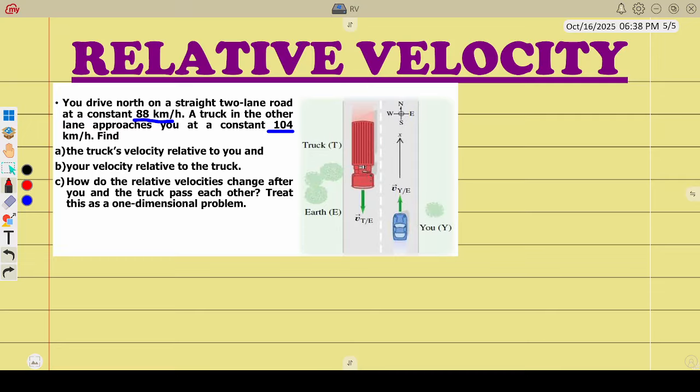So to answer question A, the truck's relative velocity to you. So here in physics, we have what is called the coordinate system. We have the polar coordinate, the Cartesian coordinate system, all those weird stuff.